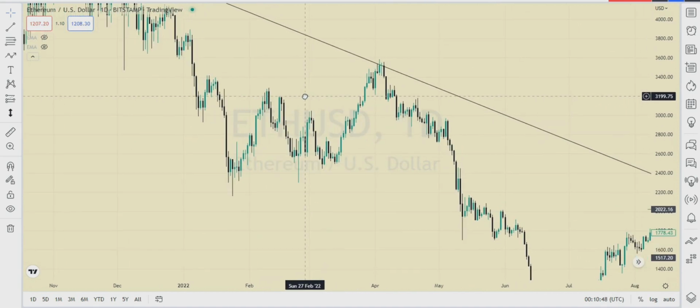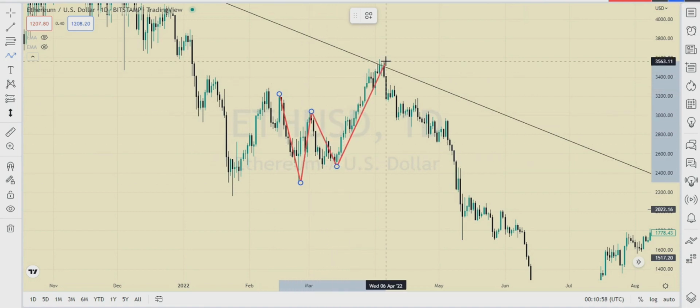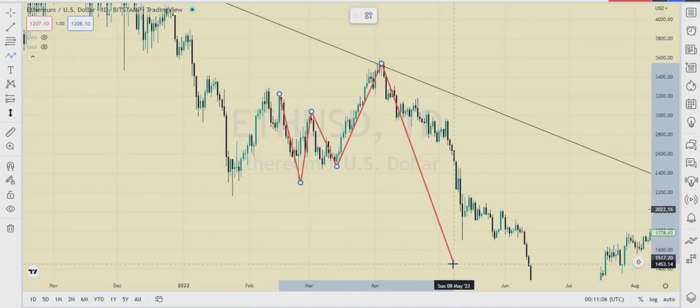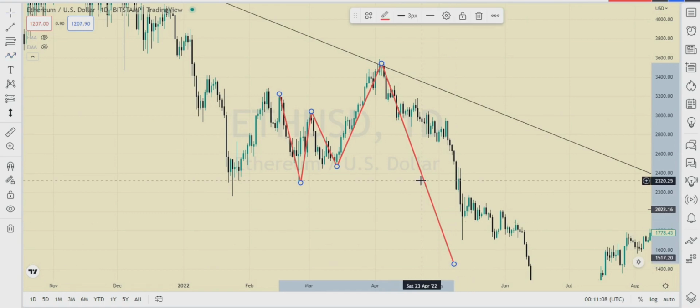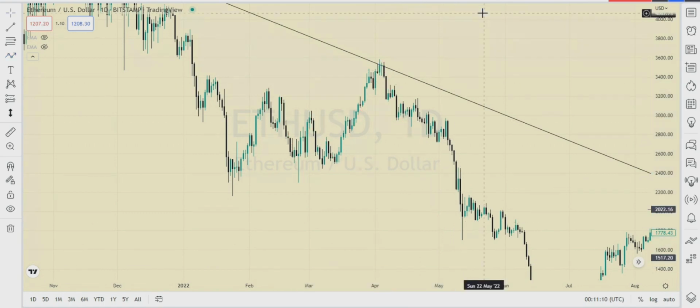And we also have another one here. This is another one. You can see it. And the market didn't stop at the neckline. You see, when it came to the neckline, it stalled for a little while, but it broke down. And we are in a bearish market.